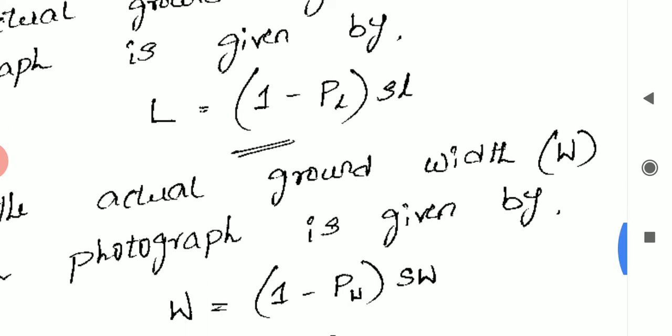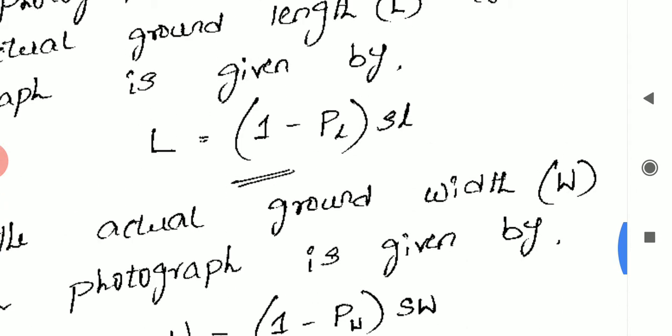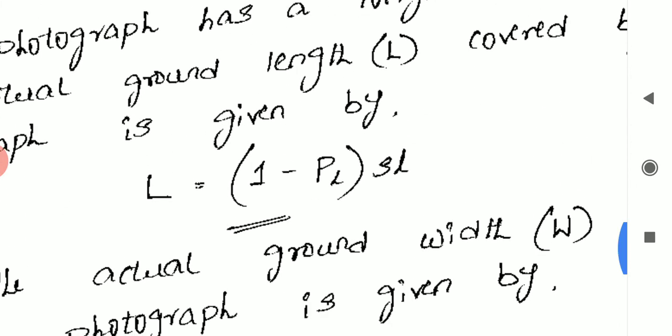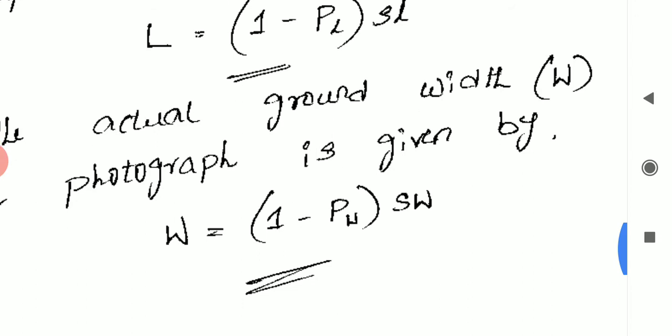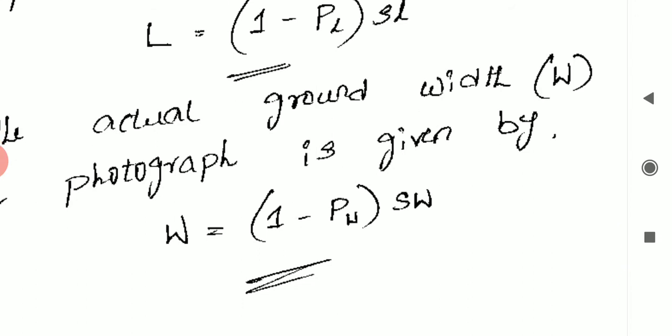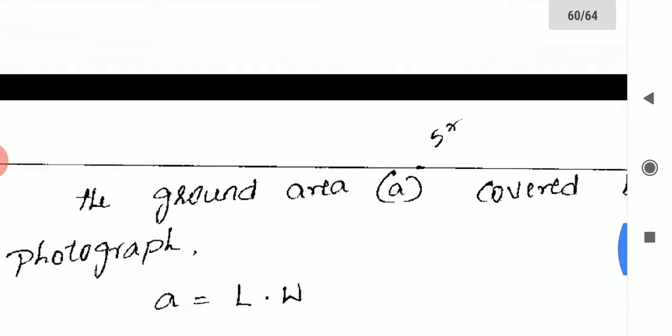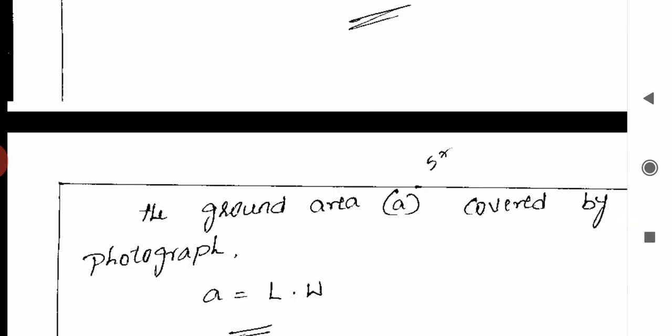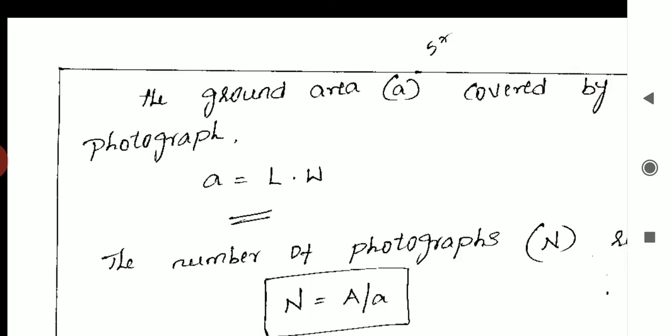Similarly, we got the length of the covered area. Next we have to find w, the width covered by each photograph: w = (1 - PW) × SW. What is the area covered? The area covered is length times width.